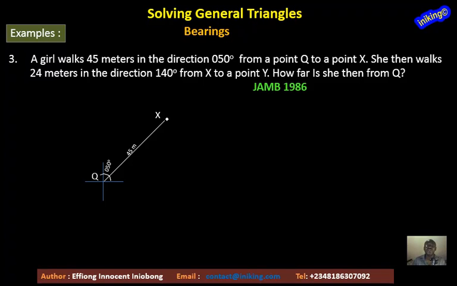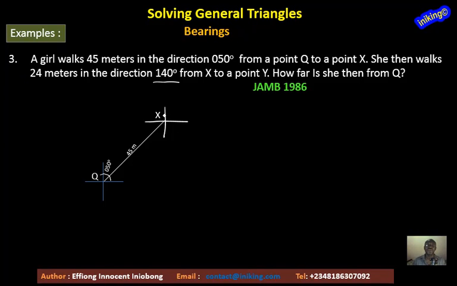She then walks 24 meters in the direction 140 degrees from X. Now getting to X, the girl decided to change direction, applying the bearing 140 degrees from X. 140 means we will go first 90 plus a further 50, which means the girl is now walking in that direction.